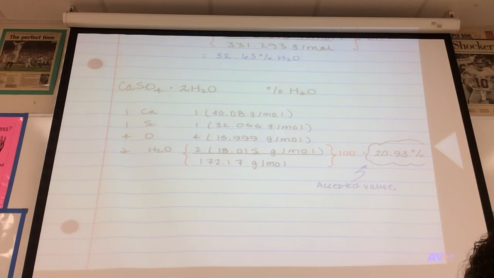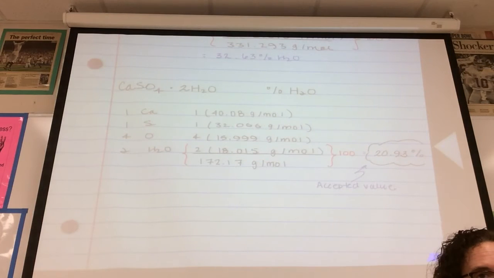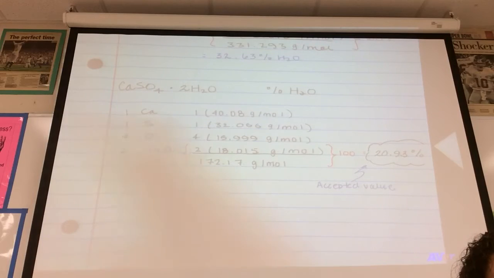So you'll be left with an anhydrous sample, and from the masses you have before and after, you can calculate the mass of water that you have, divide it by the mass of the hydrate, and you will be able to determine the percent of water experimentally, and you'll compare it to an accepted value.